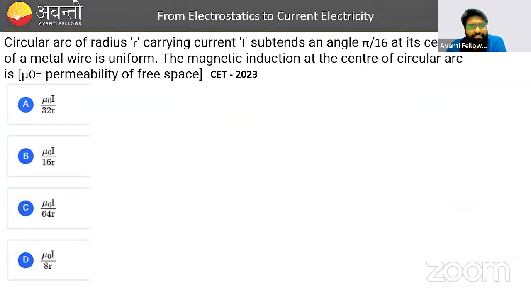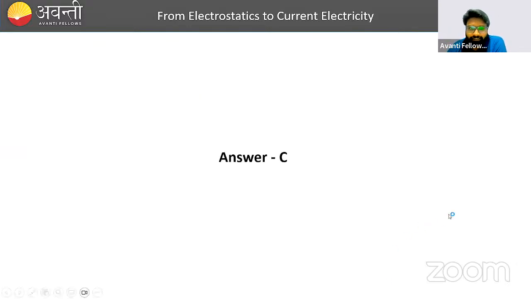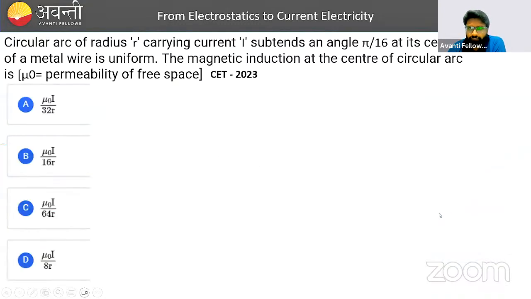A circular arc of radius small r carrying current capital I subtends an angle pi by 16 at its center. The radius of the metal wire is uniform.